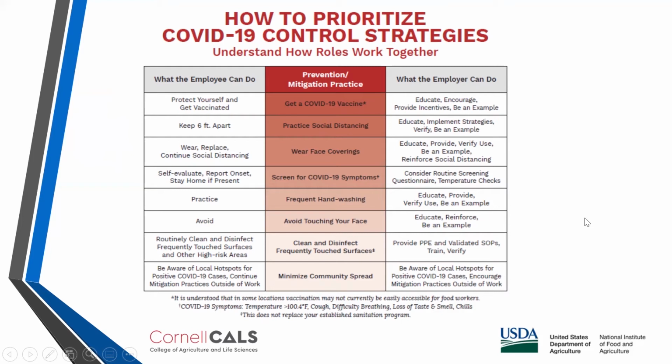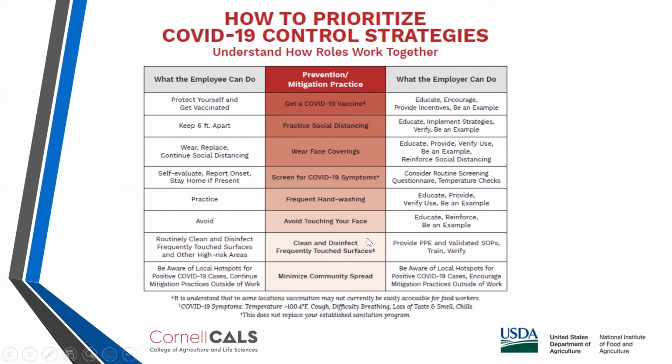But this, of course, may change and may be different depending on which region you are in. The key priority today is to get COVID-19 vaccinations, ideally for your whole workforce, everyone who is eligible and does not have religious or health reasons for not taking it. The second one is to practice social distancing and wear face coverings. And in the age of vaccination, this is obviously particularly important for those individuals that are not vaccinated.